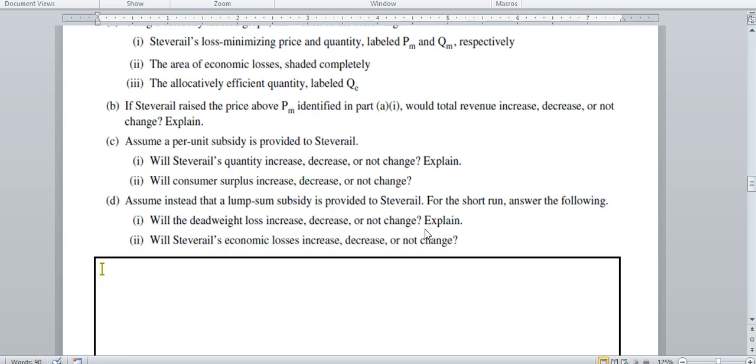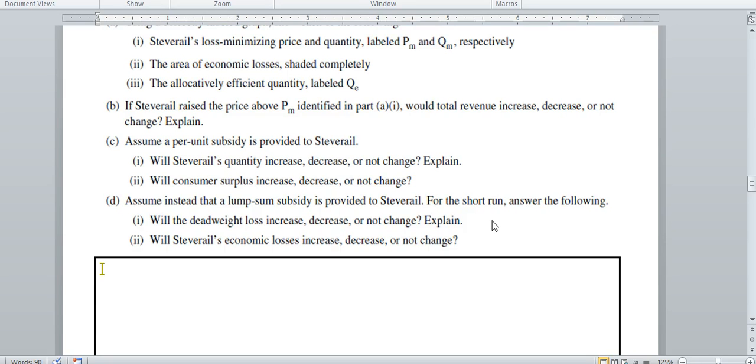Now we assume a lump sum subsidy. Well, a lump sum subsidy is going to affect your average total cost curve, because it's a lump sum. It doesn't matter how many units, it's just a lump sum subsidy that would affect your overall average total cost.